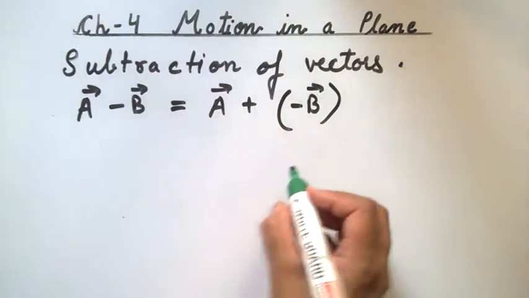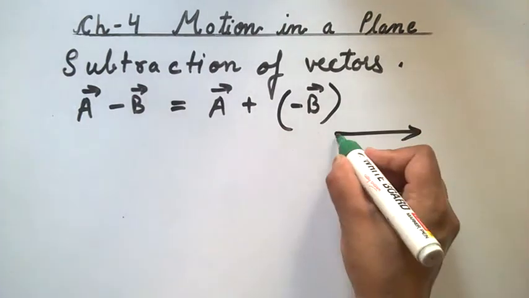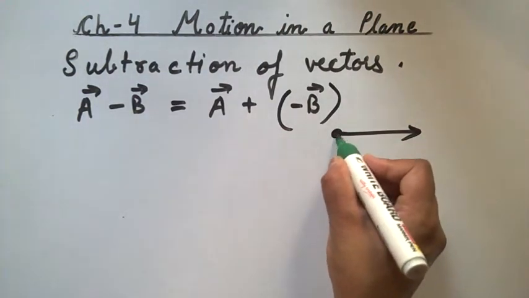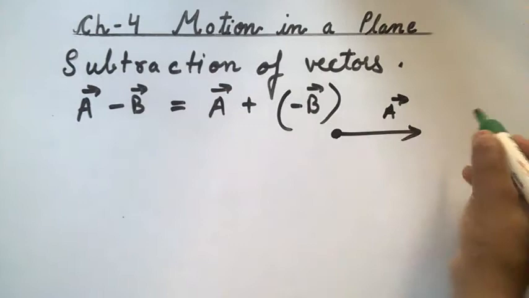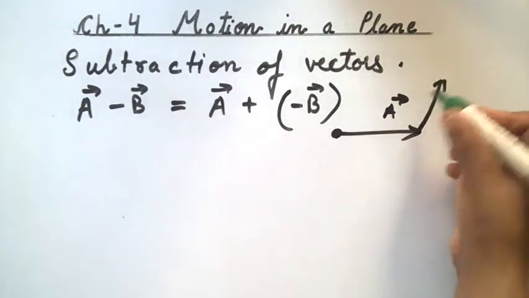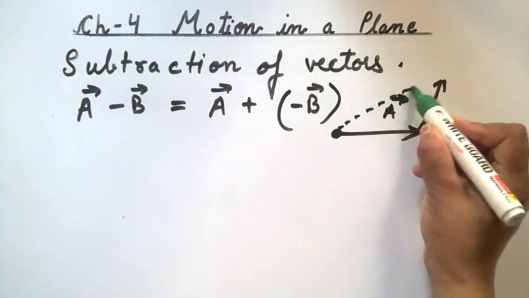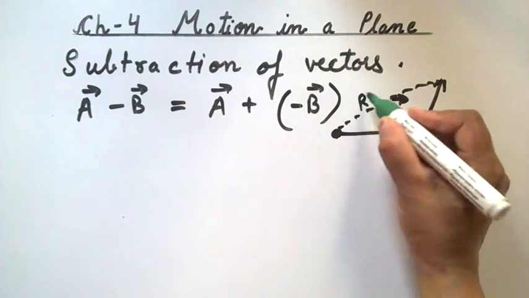This we can show this way: there are two vectors, a vector and b vector, and if we add them, it is given by the triangle law of vector addition.